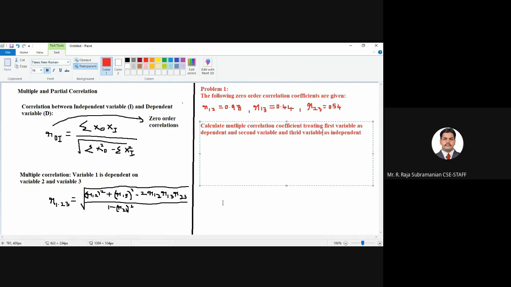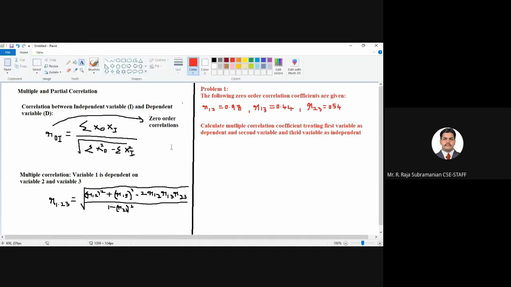We know the formula for R. If 1 is going to be dependent on 2 and 3, the dependent variable comes before the dot and the independent variables come after the dot. So R1.23 will be equal to what? Please join with me. What is the formula?